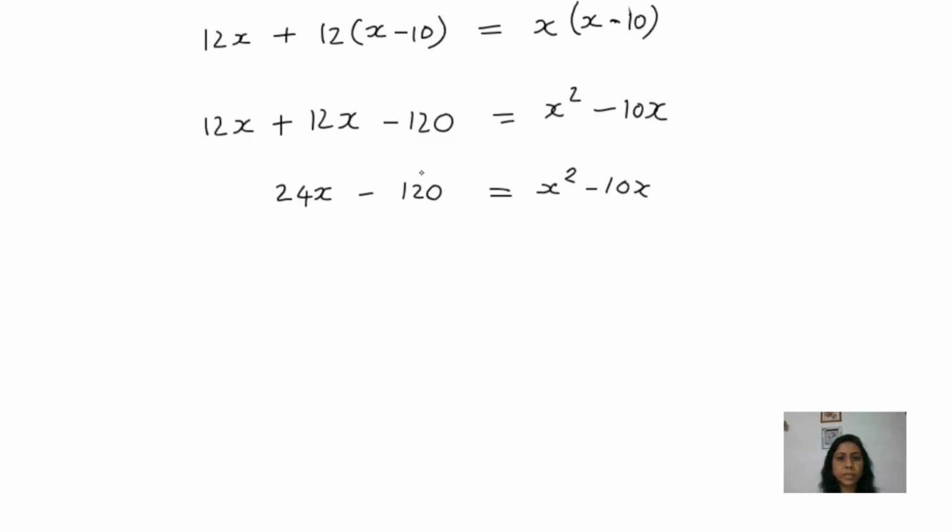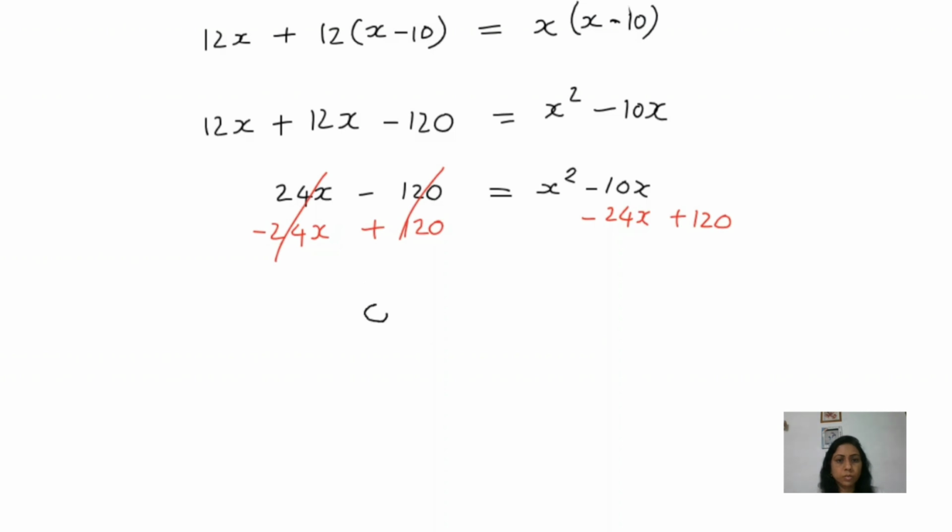Here there is x square, which means this is a quadratic equation. So we shift all terms to one side. Since x square is positive, we shift all terms to the right side. So on both sides subtract 24x and add 120. This cancels, this cancels.